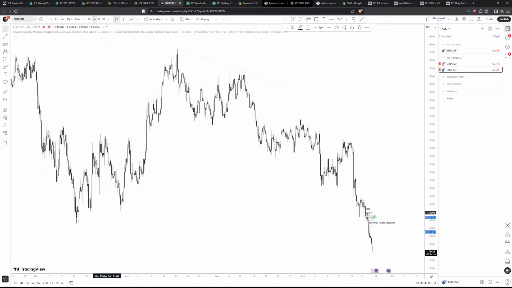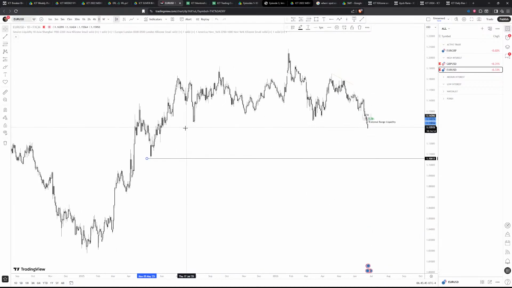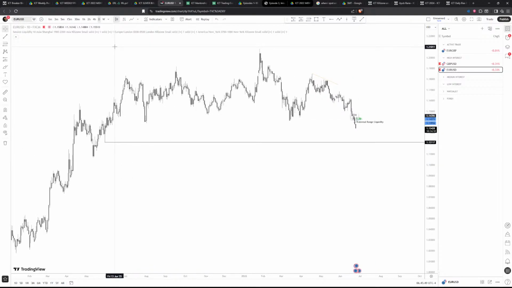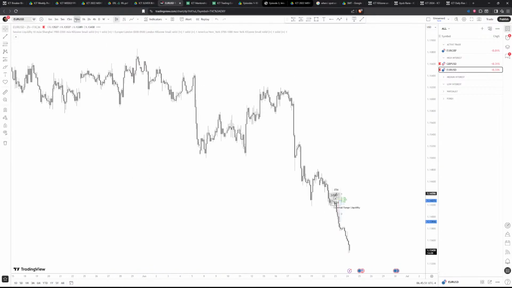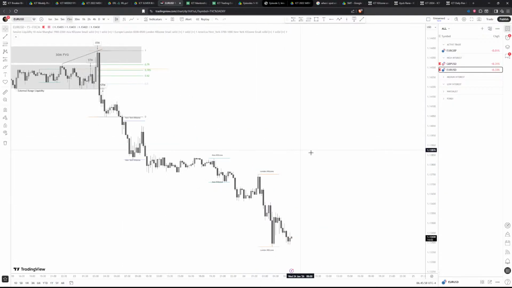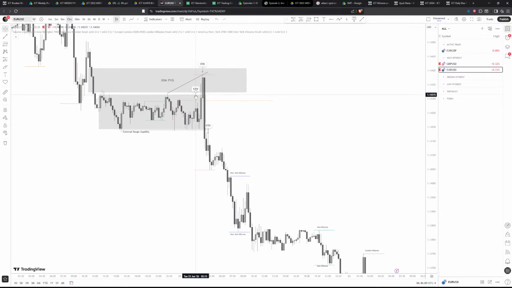Let me see the daily time frame. Maybe target over here. So the concept behind this was that we had looked at market structure and we saw an SMT divergence.